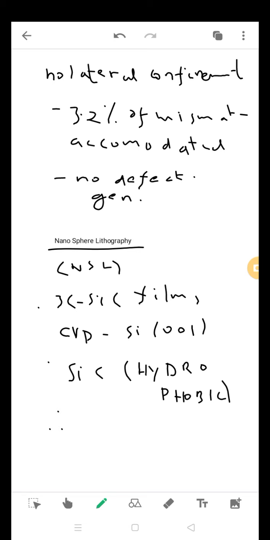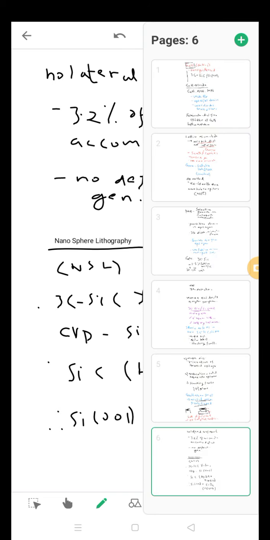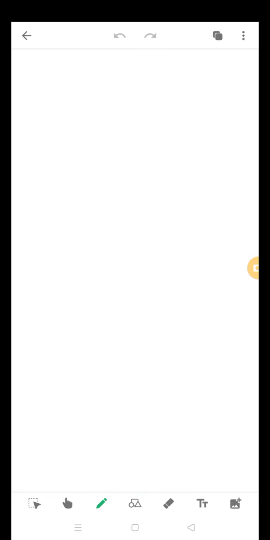Therefore, the silicon 001 is coated first with silica, SiO2, by PECVD, which is followed by a cleaning process.